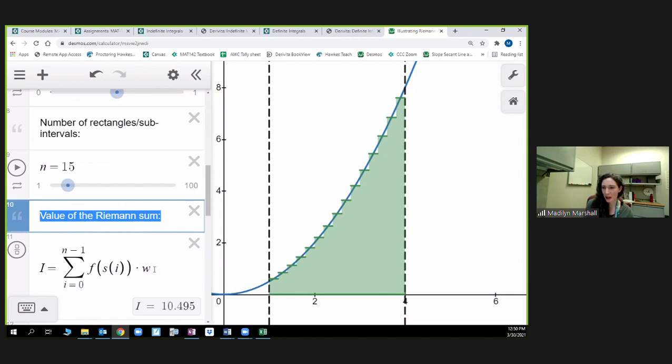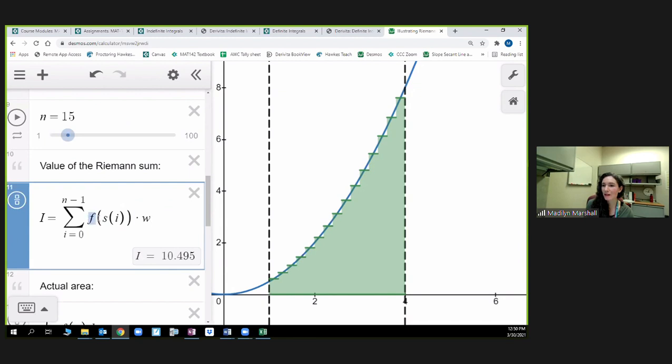This is basically saying the function itself gives the height of the rectangle, and W is the fixed width. So in a Riemann sum, every rectangle has the same width. And so we're taking the height times the width of each of these rectangles and adding them all together over the sum. And that sum gives us an approximation of the area.